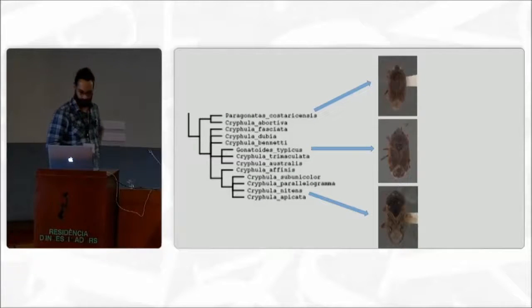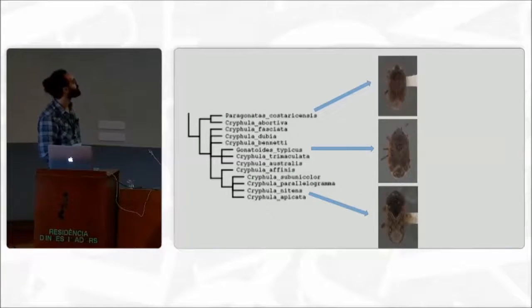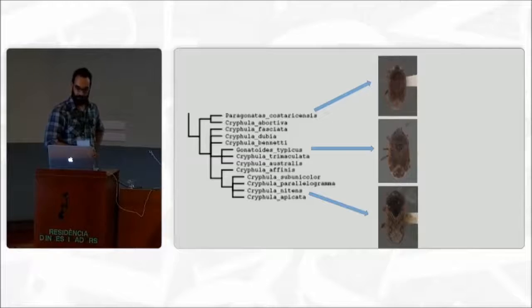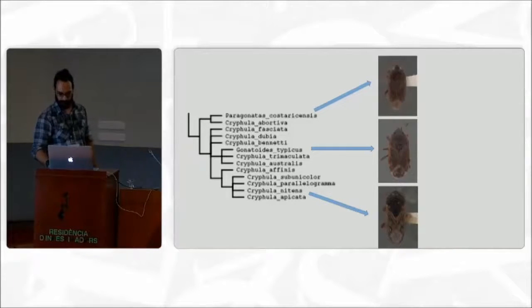Oh, that's not good. So this is another example of genera that need revision, because they're really similar, like Cryphula, Paragonatus, and Gonatoids are a really interesting group, but they are really similar between them.